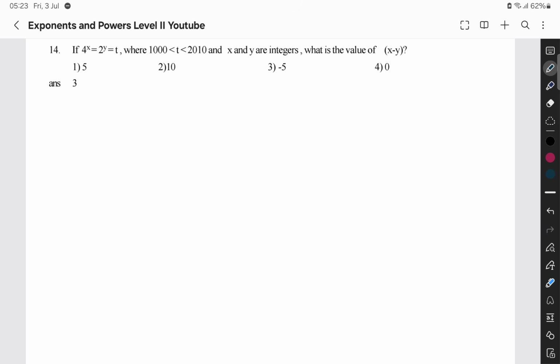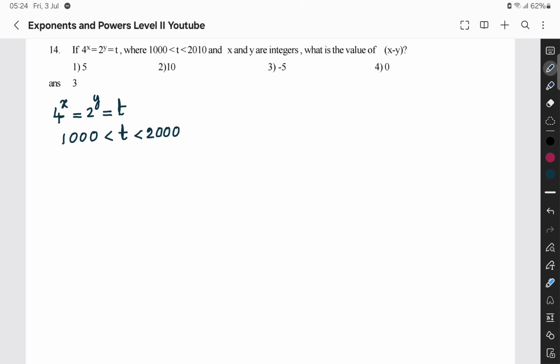Look at the next question. So they have given 4 power x equal to 2 power y equal to t. And the t lies between 1000 and 2000.